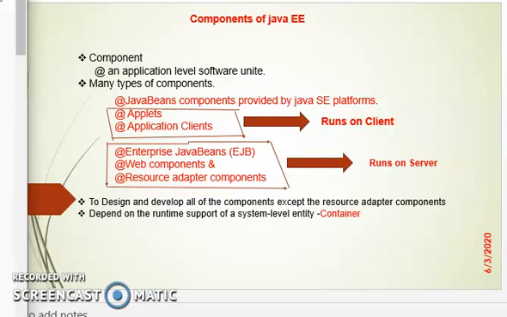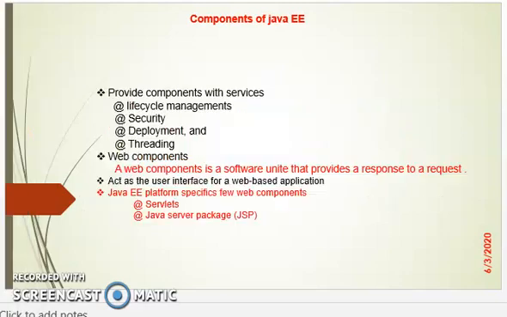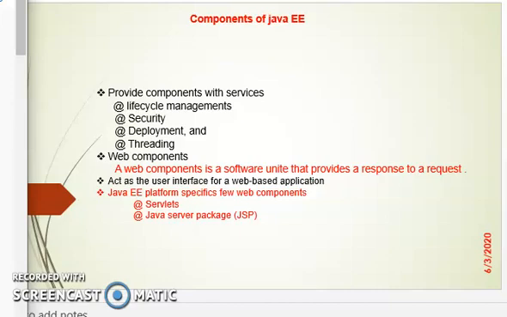All of the Java EE components depend on runtime support of a system-level entity called a container, which provides services such as lifecycle management, security, deployment, and threading. We will discuss the container and its various types in an upcoming lesson.